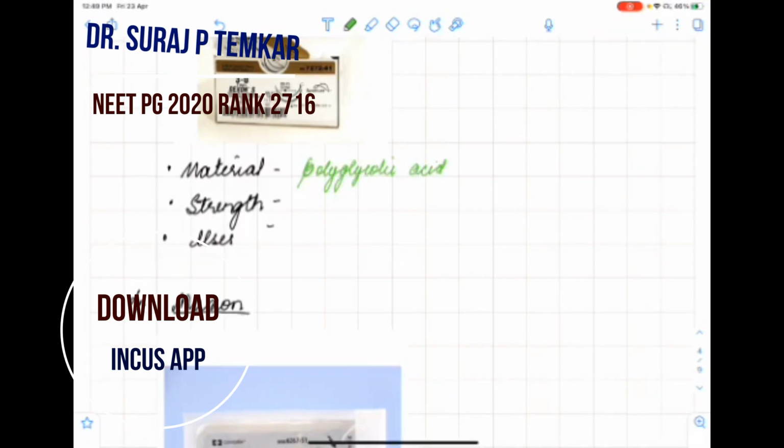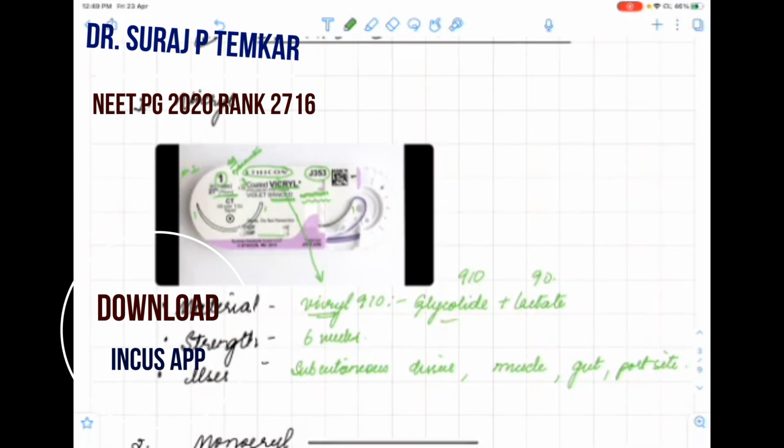And it's a braided monomer. Monomer versus dimer is nothing but how many elements make up the suture material. If it is a single element like polyglycolic acid, it's called a monomer. Whereas Vicryl is made of 2 materials, that is glycolide and lactate. So it's a dimer.